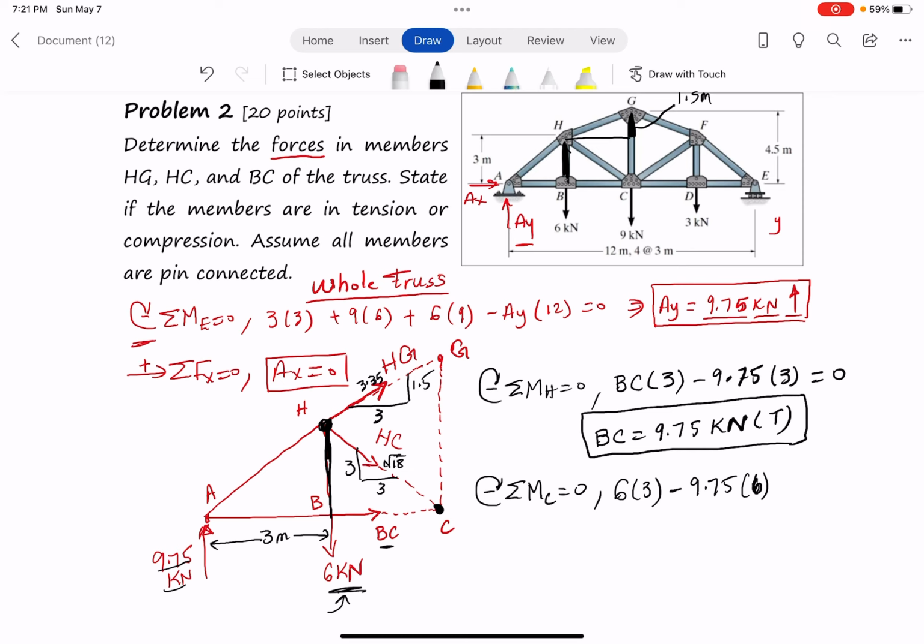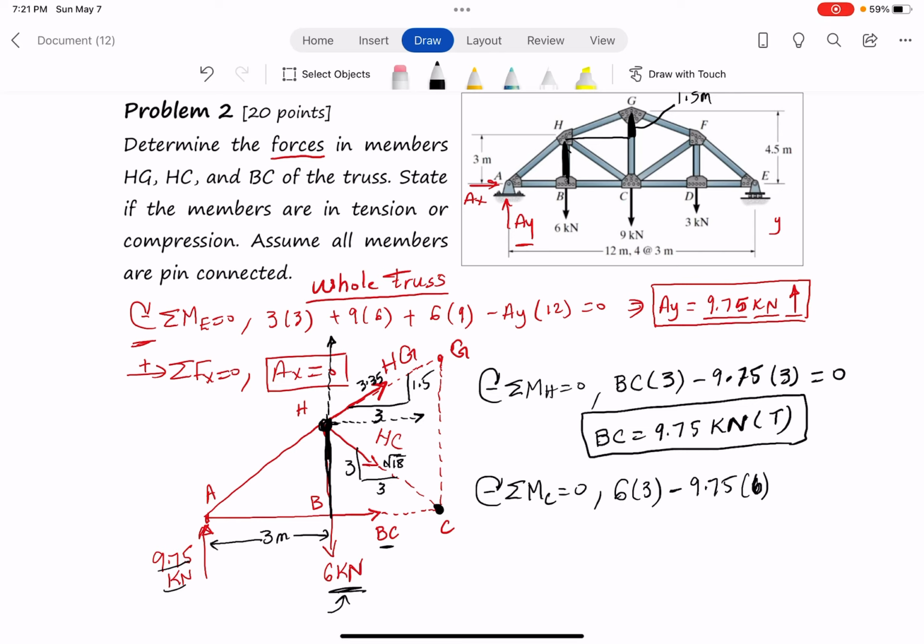For the HG, we have two forces. We have one force in the x, and we have one force in the y. Let's do the force in the x first.